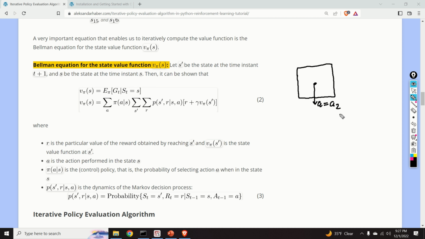And let's see what are the possibilities. Since the system is completely probabilistic, or better to say stochastic, even if we are in the state S and we selected the action A2, that doesn't mean that we will necessarily go to the state below.